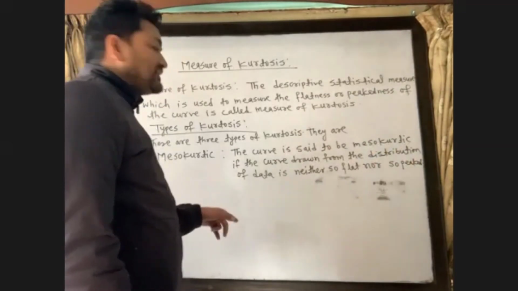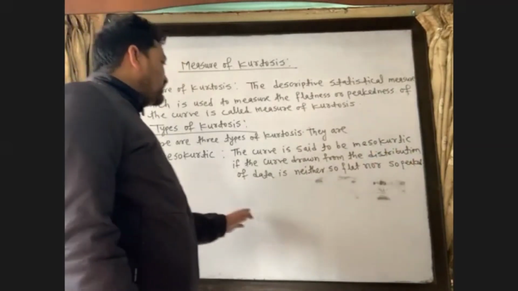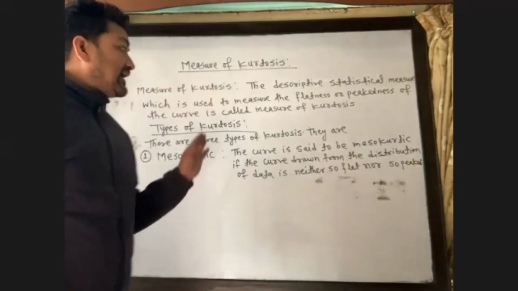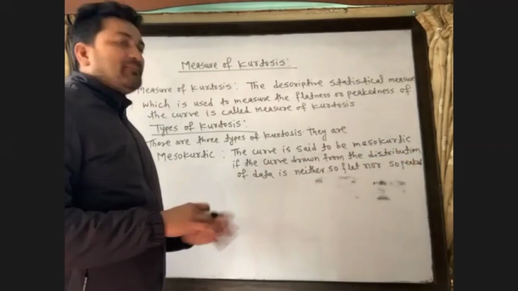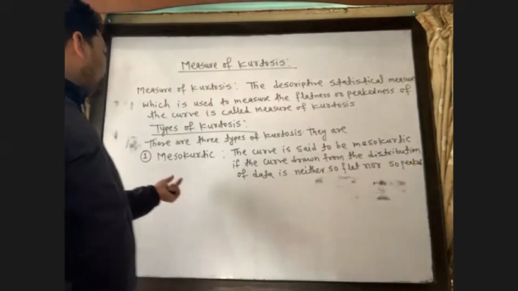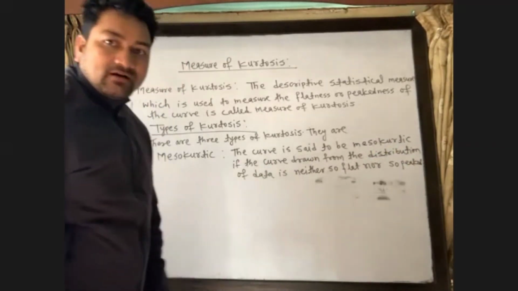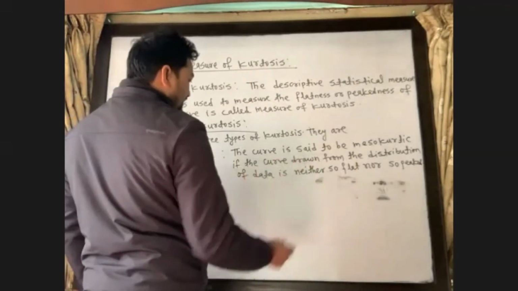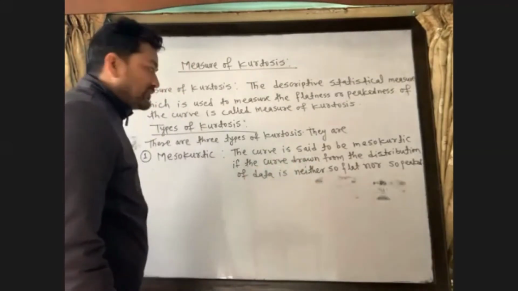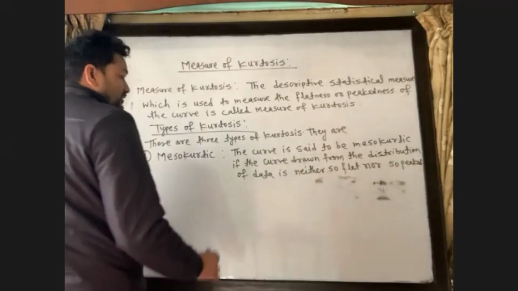धेरै फ्ल्याट पनि छैन धेरै पिक्ड पनि छैन भने त्यस्तो कर्वलाई हामी के भन्छौं? mesokurtic curve भन्छौं. Okay, so if the curve drawn from the distribution of data is neither so flat nor so peaked भयो भने त्यो बेलामा mesokurtic curve.